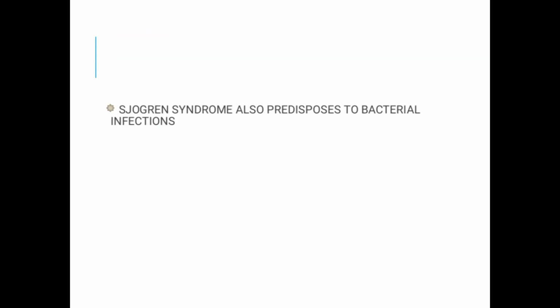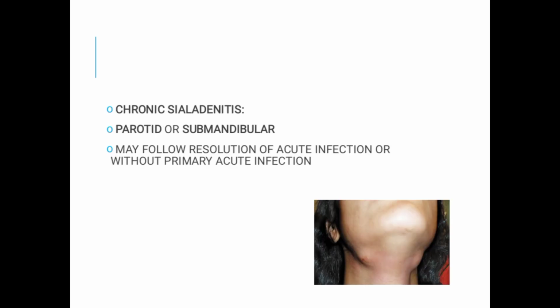Sjogren syndrome is another predisposing factor to bacterial infection. Then we have chronic Sialadenitis. Before, we studied the acute form. This chronic form can occur in the parotid and submandibular glands. It may follow resolution of an acute infection or occur without a primary acute infection, meaning it can resolve or lead to the chronic form.